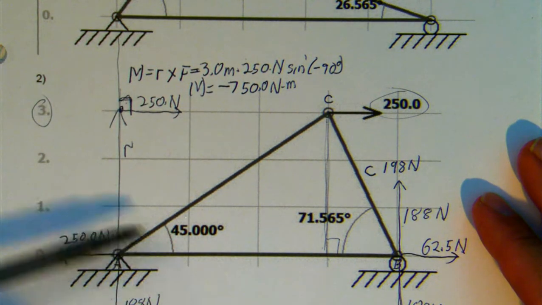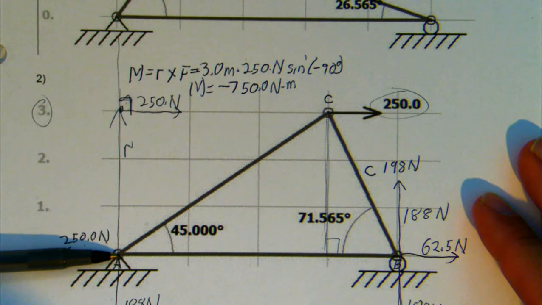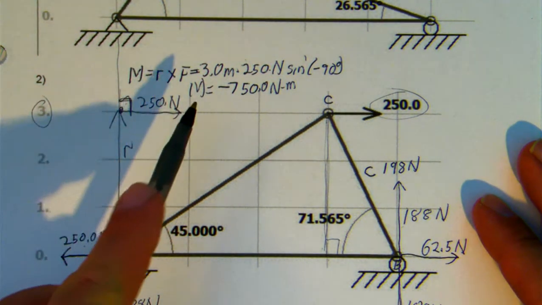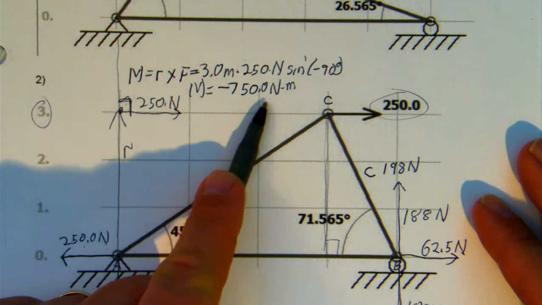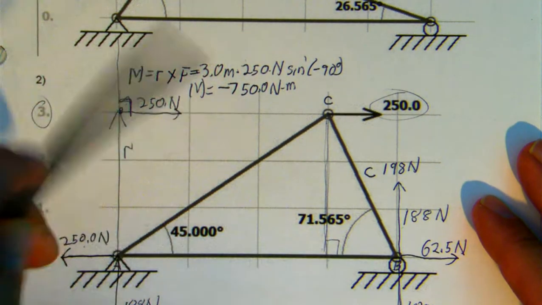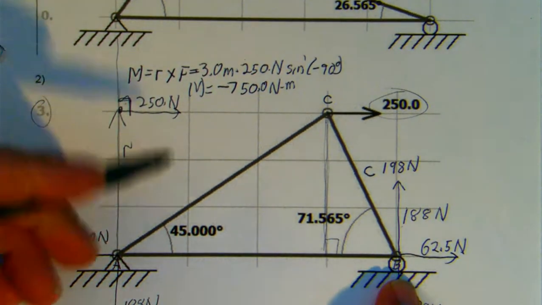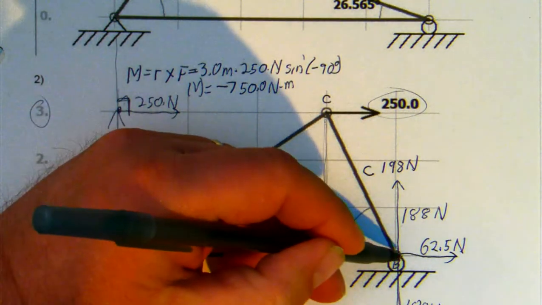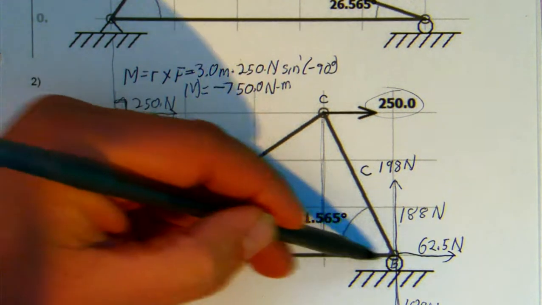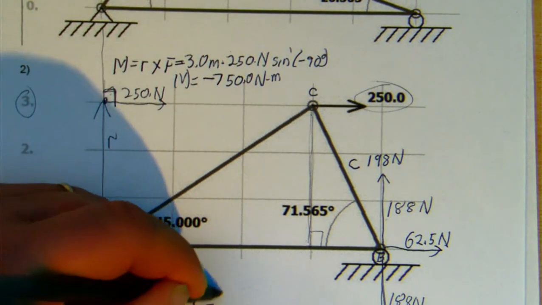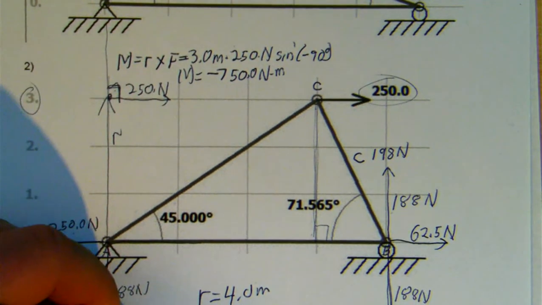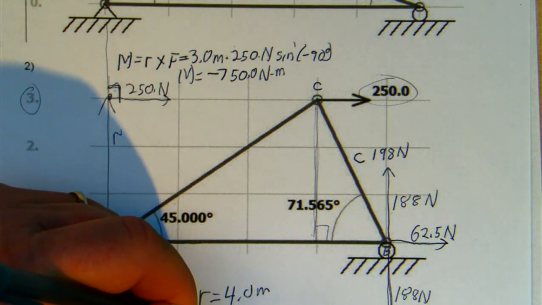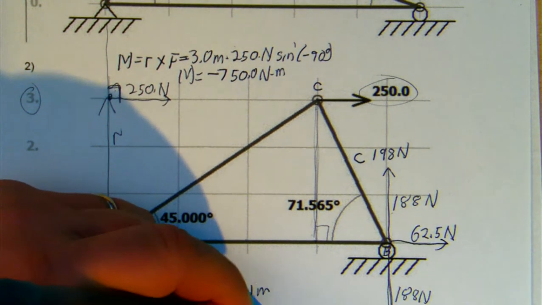The moments must add up to 0. There's only one location in this entire truss where I can apply positive 750 newton meters of moment, and that is through point B. R, in going from the pivot point to point B, is 1, 2, 3, 4 meters. The moment has to multiply out to positive 750 newton meters.